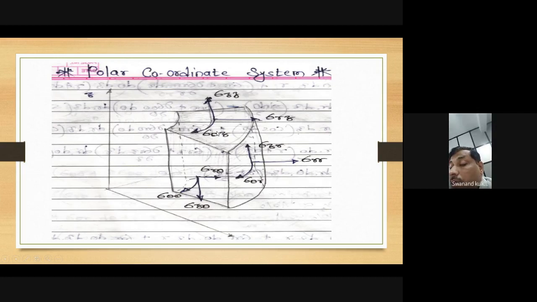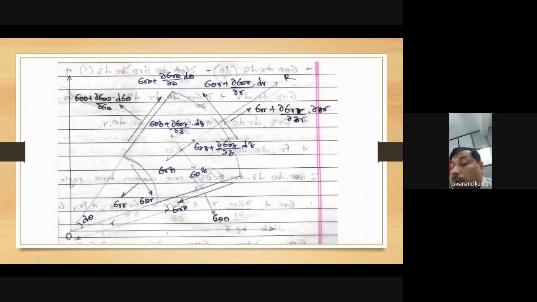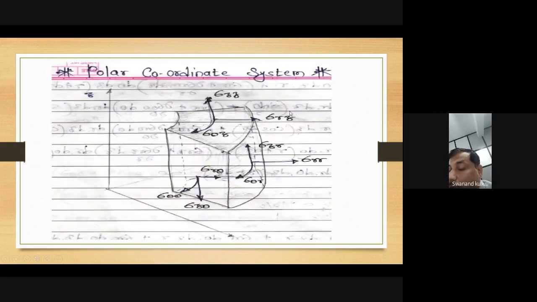By considering these two directions here, we will come to know what sigma theta z and sigma rz are. Is it okay? So these two stresses are present here, sigma theta z and sigma rz.